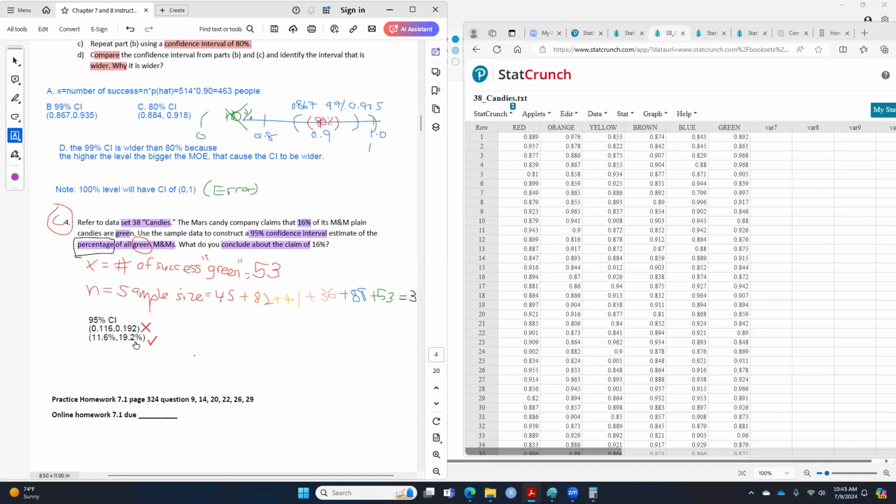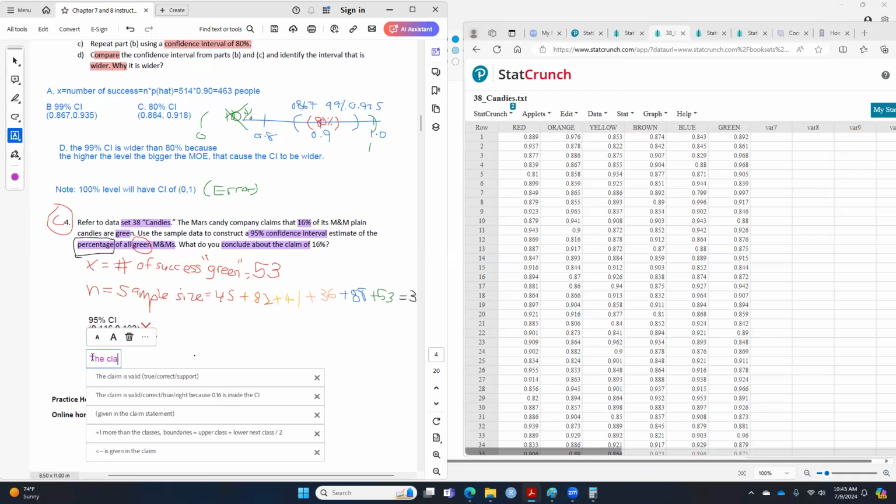But if your percentage is outside this confidence interval, then the claim or the value here is invalid, is no good, is bad, is false, or something else. Okay. Now, since 16% is found in between these two numbers, 11 and 19, the claim in this case is valid.